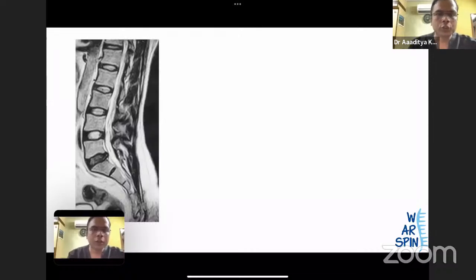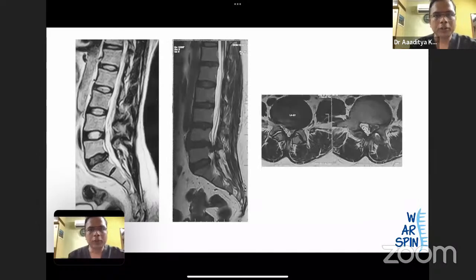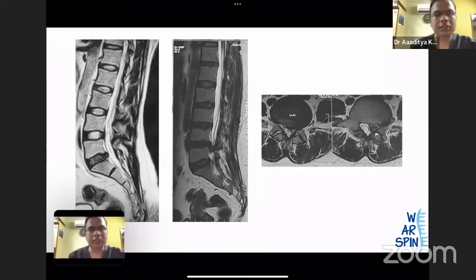So in our clinical scenario, we come across many patients who come to us with low back pain with this kind of MRI picture. So we see these kind of black discs or prolapsed discs with stenosis.